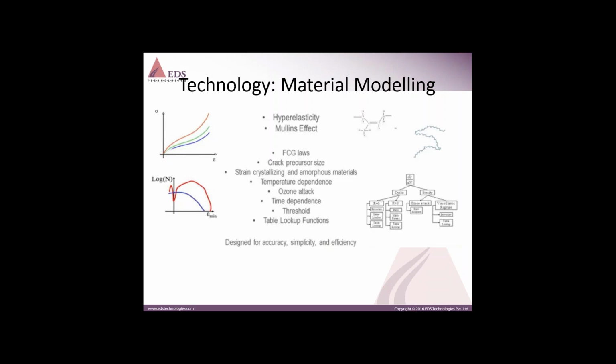These are called strain energy potential functions, and any one of them you can use for your fatigue analysis. For defining fatigue behavior, you have to define your crack growth rate law, and the crack precursor size also you need to define. We also provide material models which are used for strain crystallization or for amorphous materials which do not crystallize.